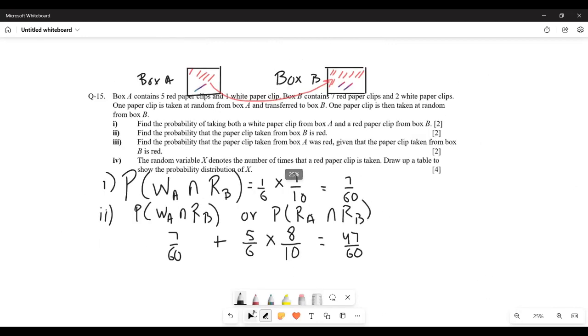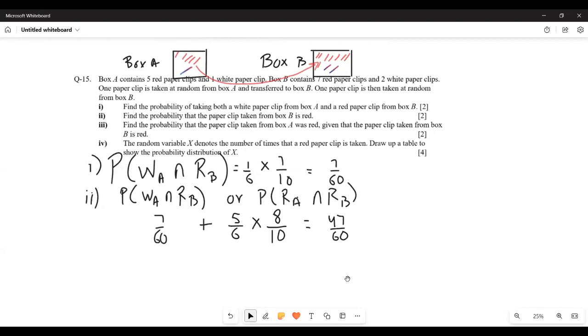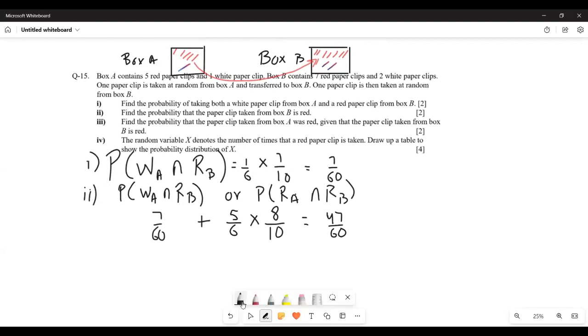Part 3. Find the probability that the paperclip taken from box A was red, given that the paperclip taken from box B is red. Okay, let me first clear this.